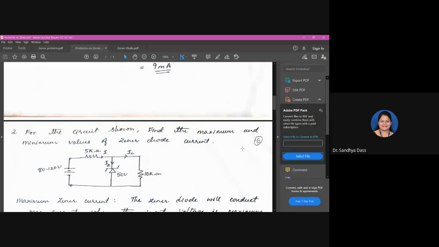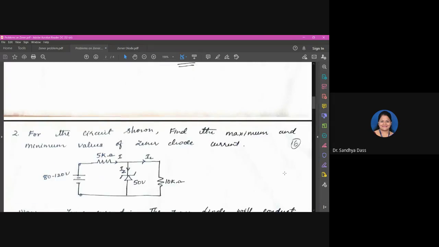For the circuit shown, find the maximum and minimum values of Zener diode current. First, understand the question. Take down the question.